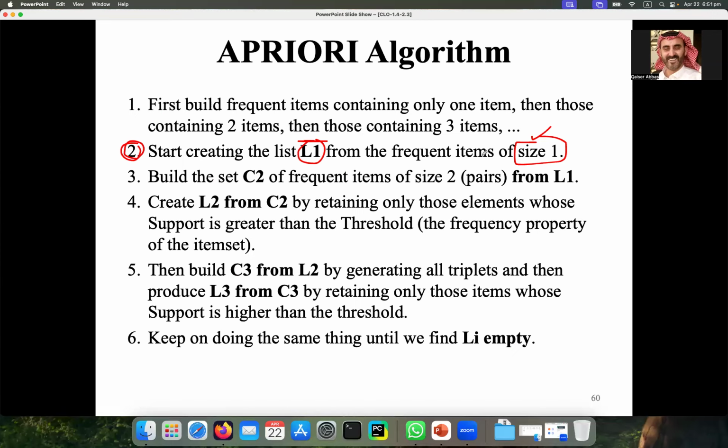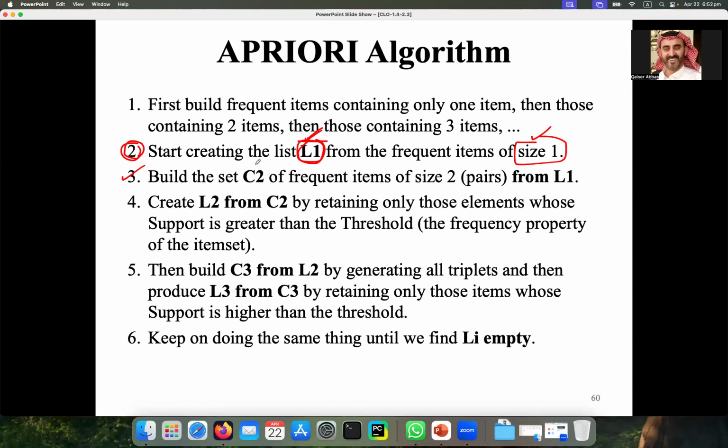So now from size 1, you are creating the first list L1, which will contain the items as a single entity, along with its frequency, the count. That count can be the support, that count can be the confidence, because support and confidence are the probability form of the count.